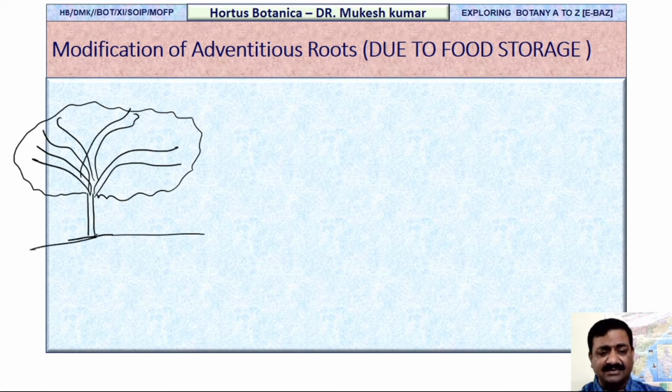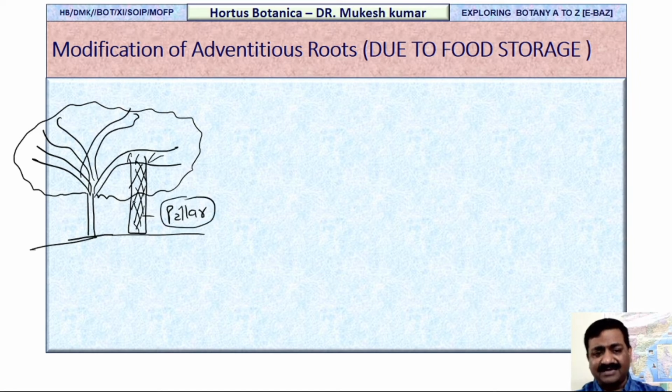As a result, this branch bears such types of roots, and that root acts like a pillar, providing support so that the plant can stand properly. So it's called prop roots. I think it's very easy.